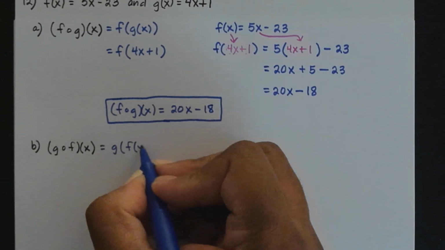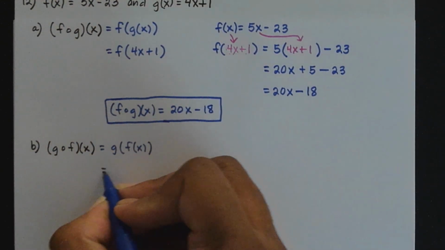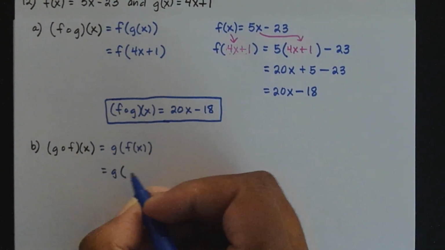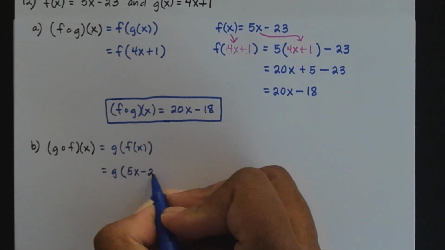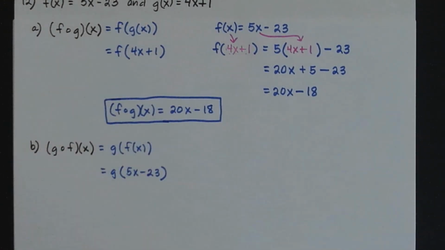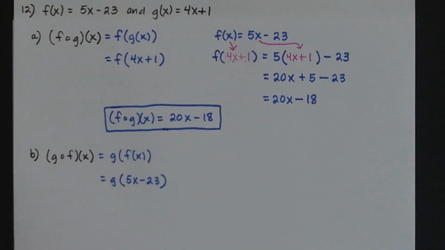So this time, f of x is the inside function, and g of x will be your outside function. Here the inside function is f of x, and f of x is 5x minus 23. So I'm going to replace f of x with 5x minus 23, and evaluate g of 5x minus 23.